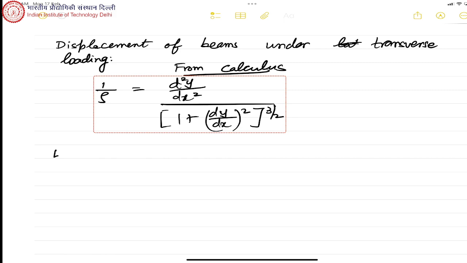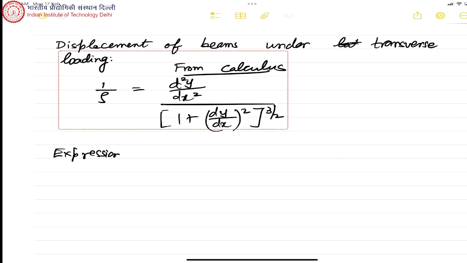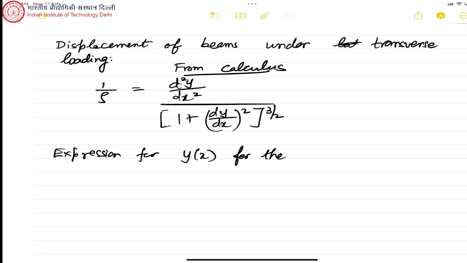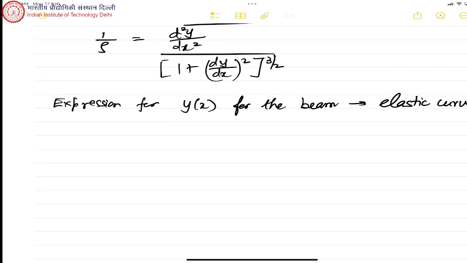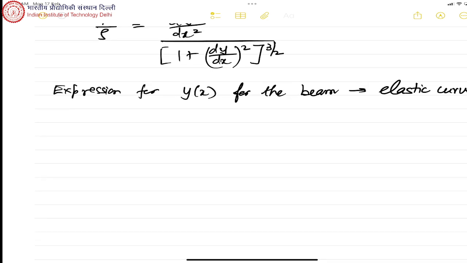Now the expression for y of x for the beam, there's a name for this. This is called the elastic curve. We have seen a bit of this in the last class, but let me do this in detail today.